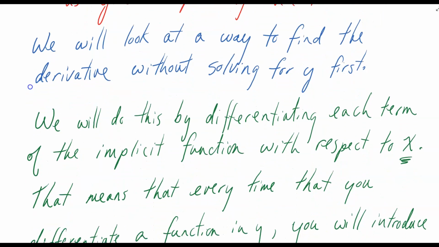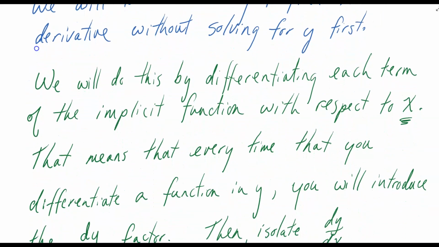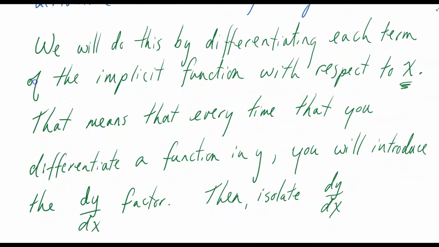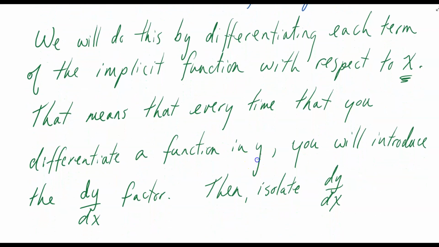To do this, we're going to differentiate each term of the implicit function with respect to x, even those terms that are in y. That means that every time you differentiate a function in y, you will introduce the dy by dx factor. And after doing that, you will isolate the dy by dx to find the derivative.